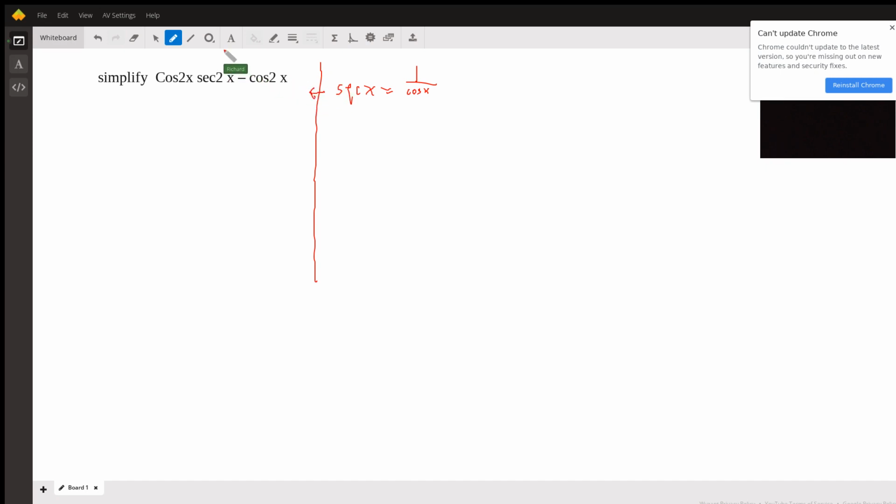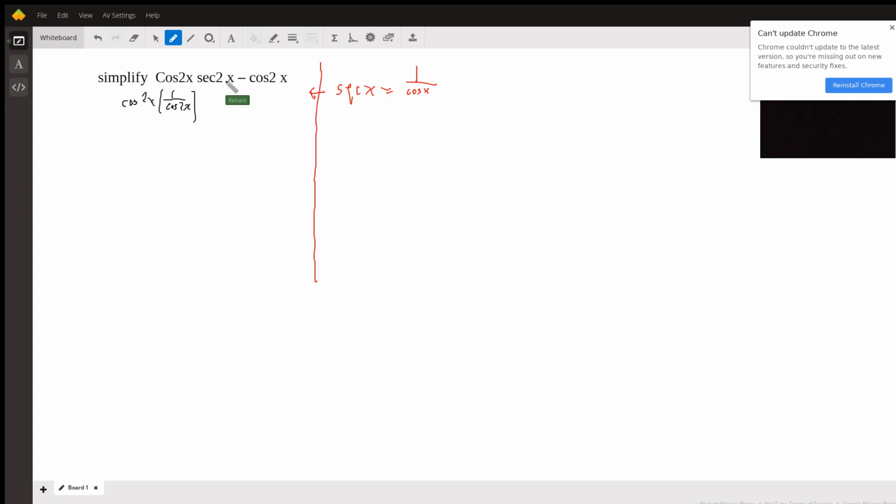Let me go back to black. So we have the cosine of 2x. Instead of writing secant of 2x, I'm just going to write 1 over cosine of 2x. You see, that's where I'm using the identity.